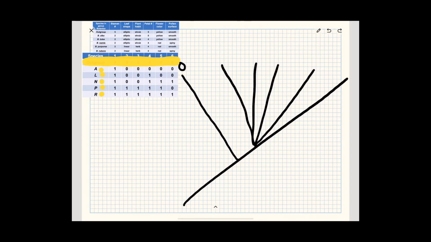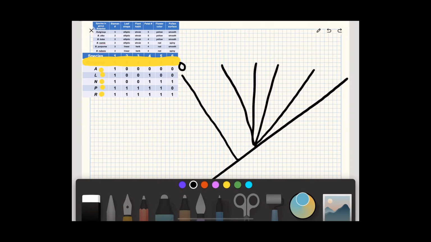We don't know who's most closely related to whom out of the 5 that are not highlighted right now. And now that I'm erasing the highlighting, we can see the outgroup. Well, remember, our first step is we need to find the taxon that is most similar to the outgroup, that is the least derived from the outgroup.